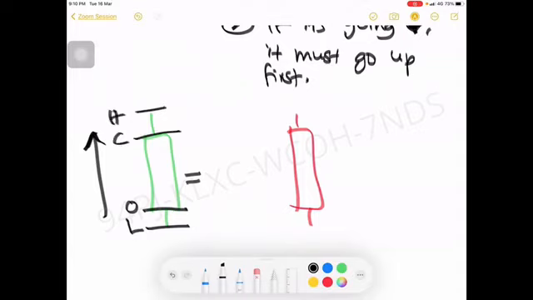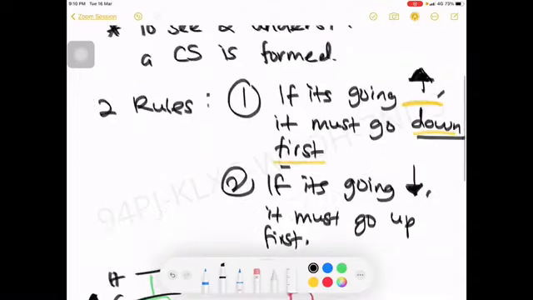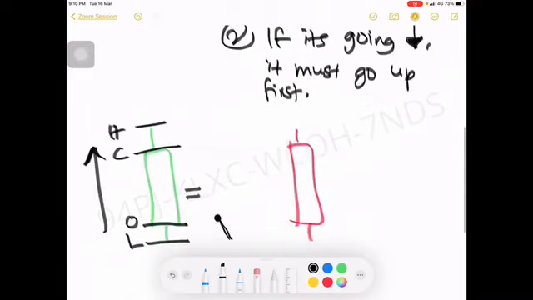Okay, so we can translate this into a line chart. From the open point, it's going to go to the low. Remember, it has to go down first.